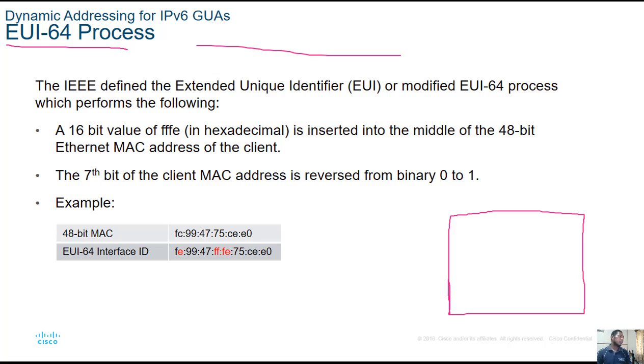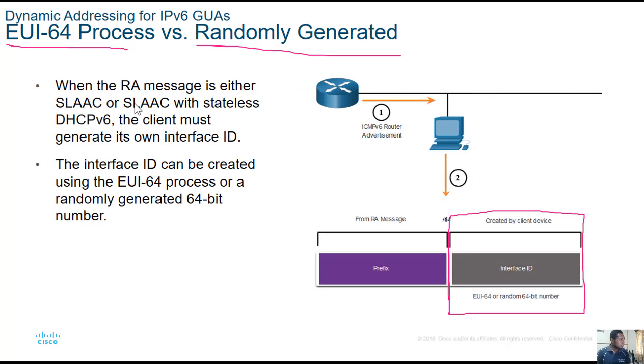So you have a 16-bit value of FFFE, in hexadecimal, that's inserted into the middle of the MAC address, the 48-bit Ethernet MAC address of the client device. Remember, when the RA message is sent from the router, if it's either SLAAC or SLAAC with stateless DHCPv6, the client is required to generate its own interface ID.